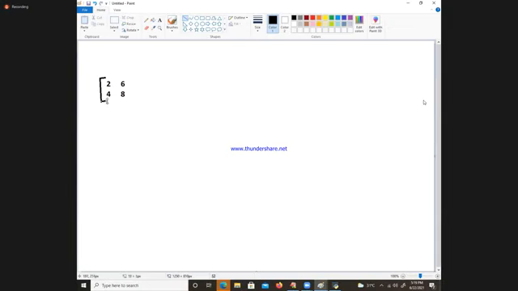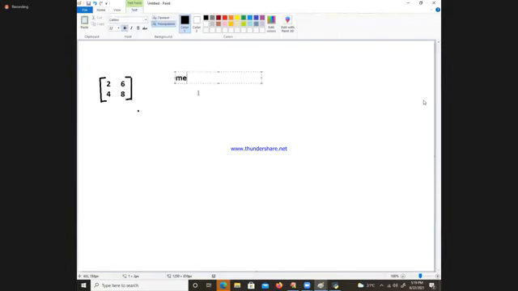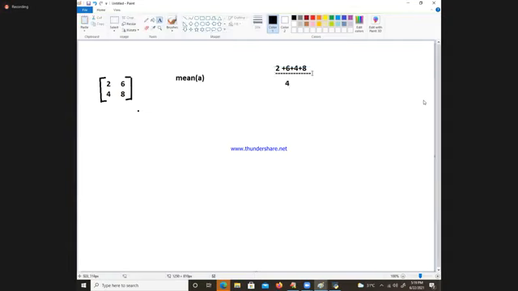Now I want to find the mean and variance for this. First you find out the mean. What is the mean of A? 2 plus 6 plus 4 plus 8 is 20, divided by 4, which is equal to 5.